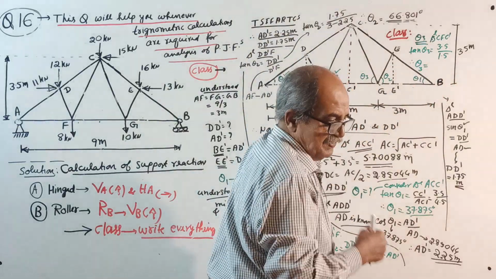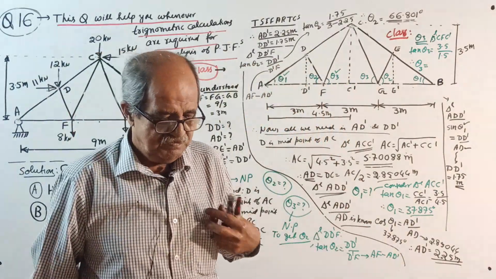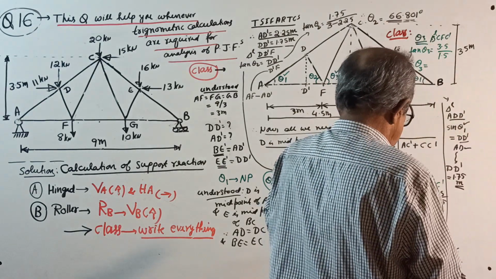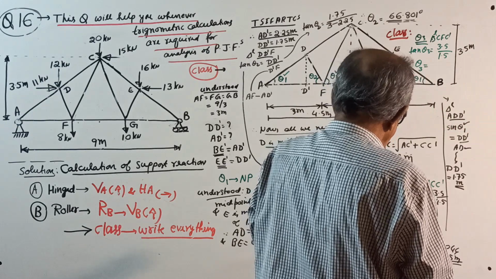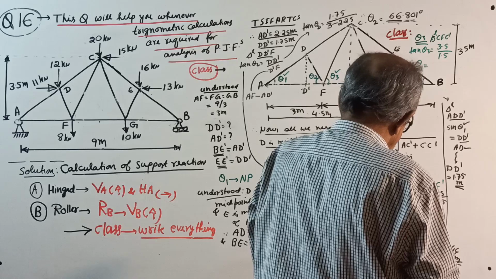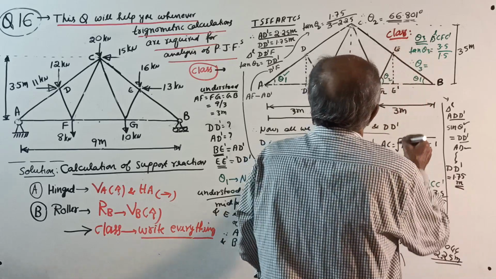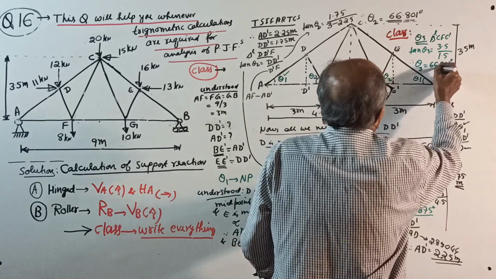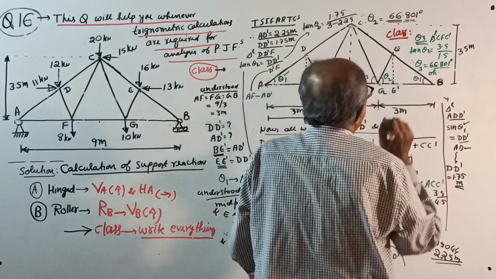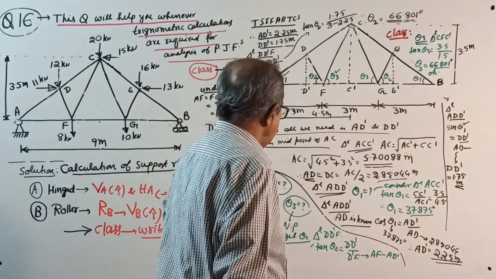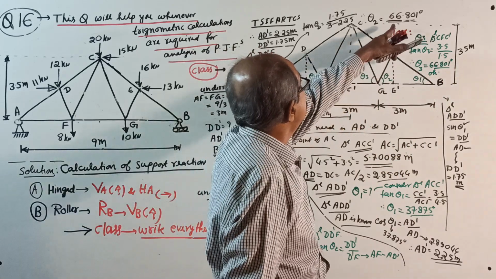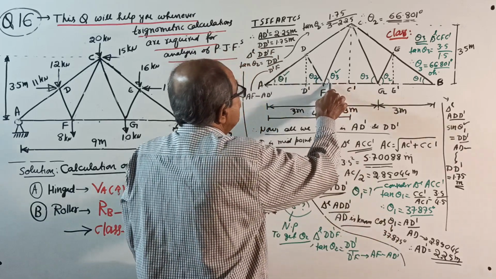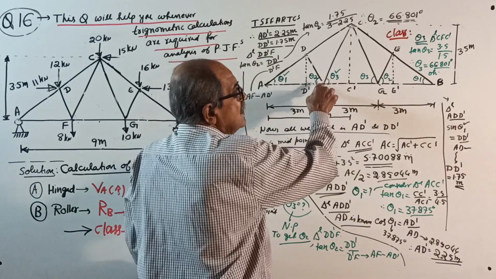One thing forgotten. 3.5 divided by 1.5, shift tan inverse, answer 66.801 degrees. Oh, theta 3 answer came the same as theta 2 answer.